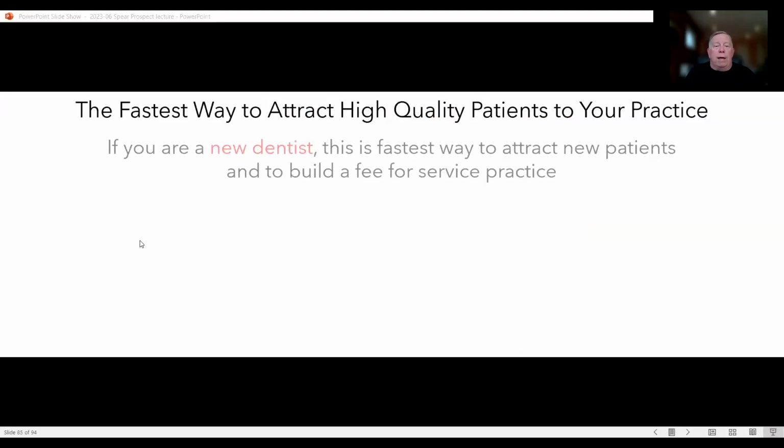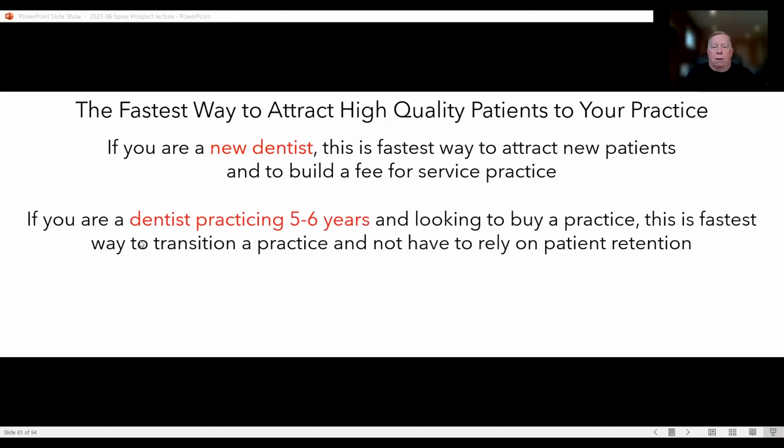So ultimately, if you're a new dentist, this is without a doubt the fastest way to attract new patients to your practice and build a fee-for-service practice. If you're a dentist practicing 5 to 6 years out and looking to buy a practice, this is the fastest way to transition a practice, and you're not going to have to rely on patient retention if for some reason the patients decide to change their practice.